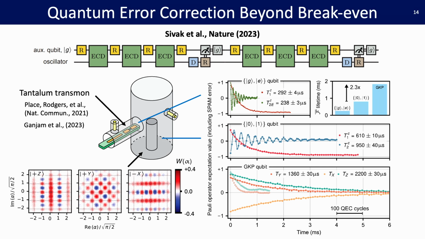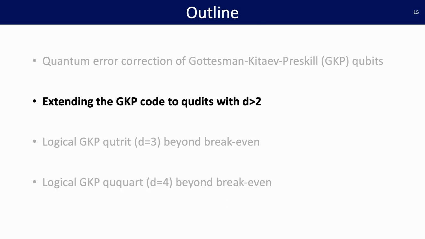And this is really showing that quantum error correction works. We're able to encode our quantum information redundantly and perform these syndrome measurements to prolong the lifetime of our quantum information and prevent these physical errors from accumulating into logical ones. And I just want to mention here also that this same experimental device is the device I used for all of the experiments on qudits that I'll be showing now.